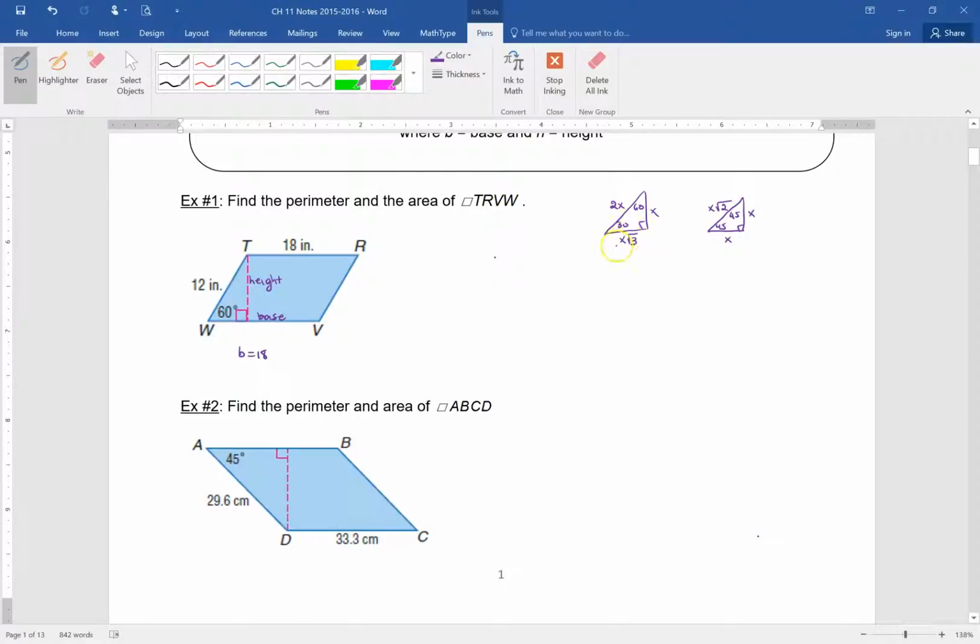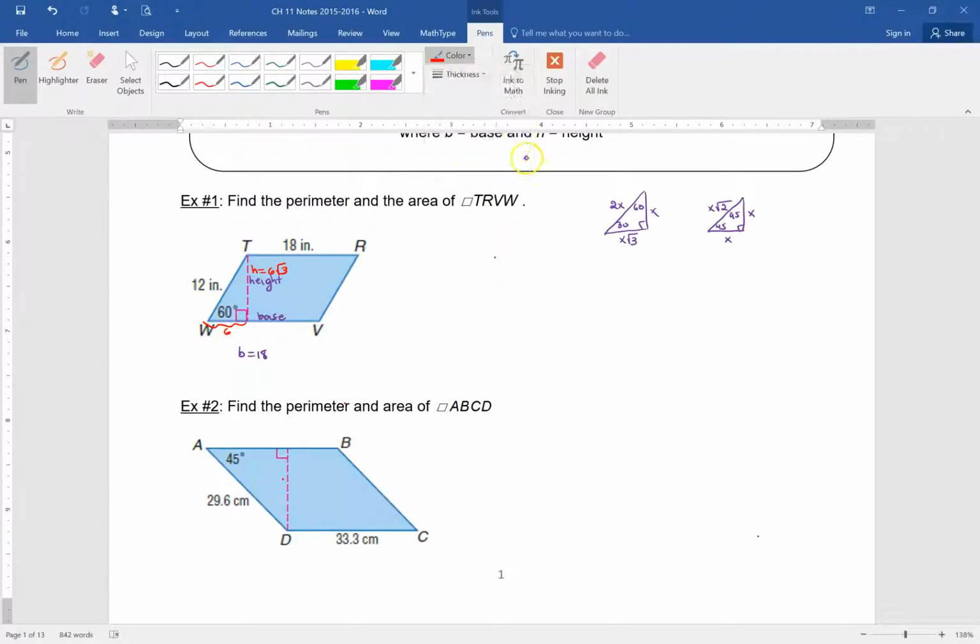In this case, we have a 30, 60, 90. The hypotenuse is 12. That means the small side, which is this, is x, because the hypotenuse is twice this, so this is 6, which also means that the height is 6 root 3. So we have a 6 root 3, and a 12.